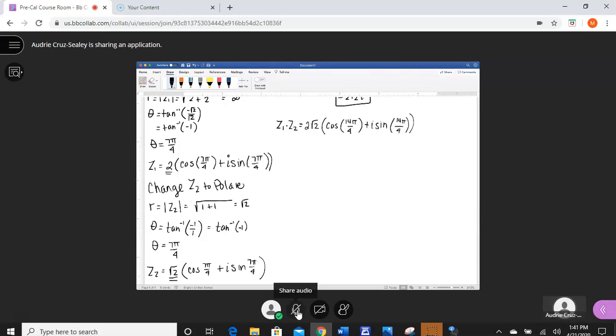The thing is, if I wanted it to be within the first rotation of the unit circle, what could we change that to? If you put 14 pi over 4 in, you said that this reduces down to 7 pi over 2. 2 goes into 7, 2, 4, 6, 3 times. Do you agree with that?